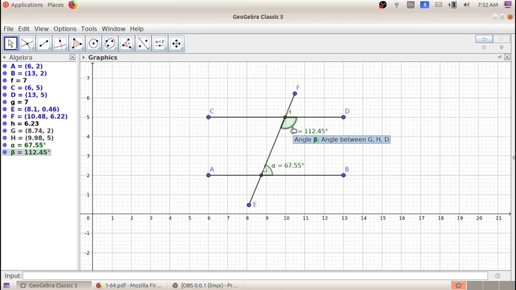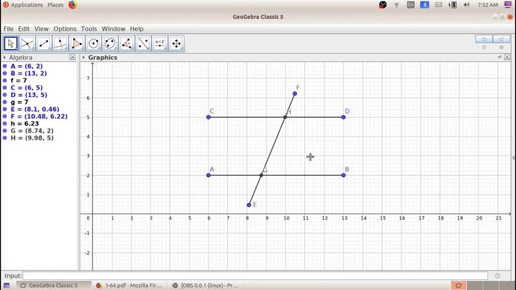I just told it for your better understanding. I hope this co-interior angle is understood. And always remember, dear students, if we add these two co-interior angles, you will get 180 degrees.